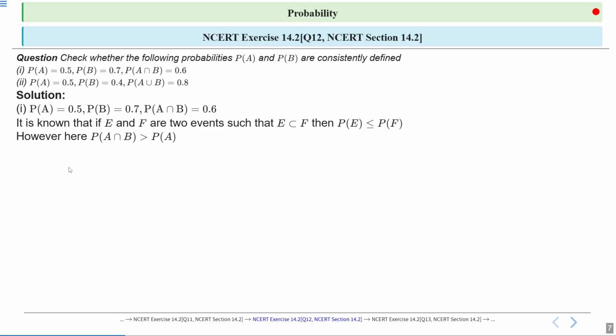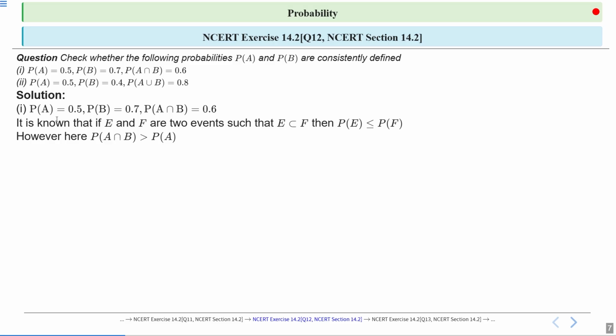So here you can see probability of A is given to us as 0.5. And probability of A intersection B is given to us as 0.6. Clear?